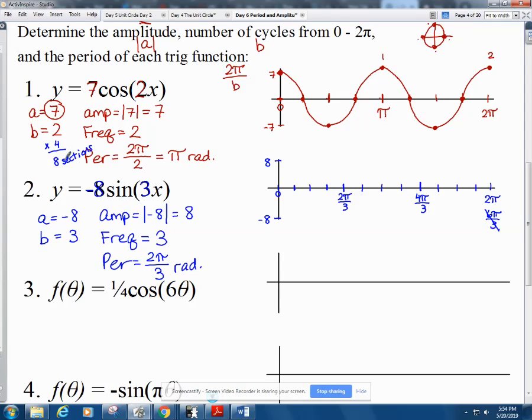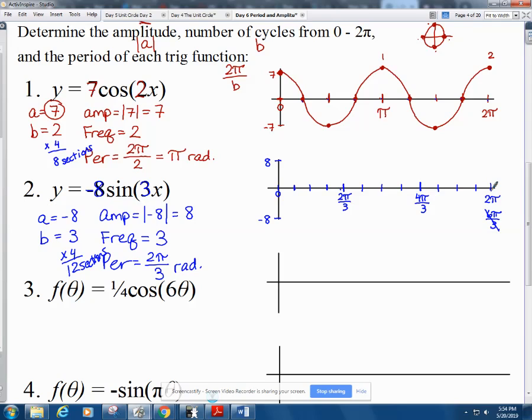But again, you want to do it by cutting it in half and half and half. So that's 1, 2, 3, 4, 5, 6, 7, 8. For this one, 3 times 4, you're going to need 12 sections. 1, 2, 3, 4, 5, 6, 7, 8, 9, 10, 11, 12.